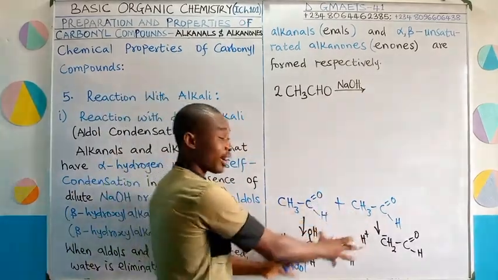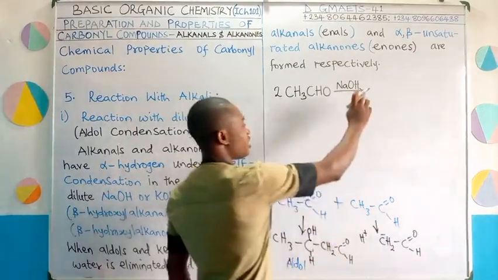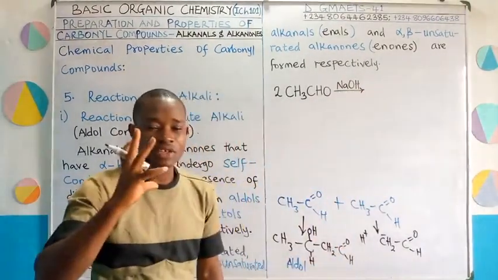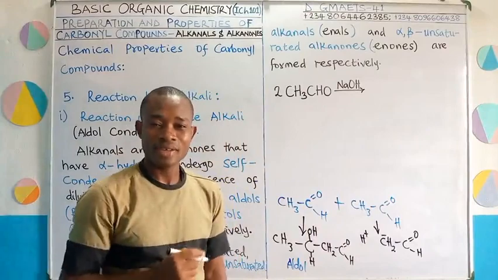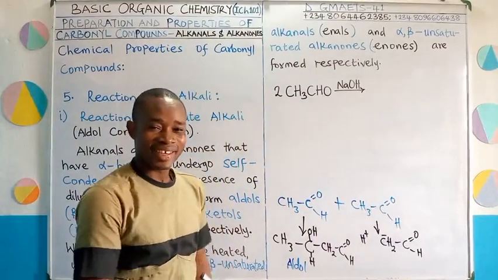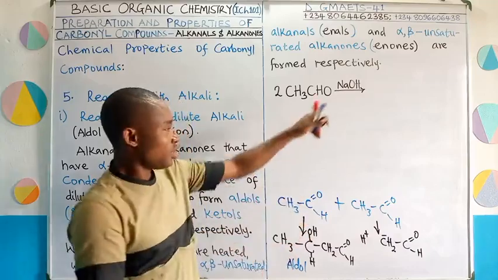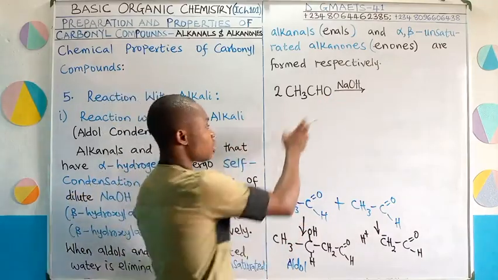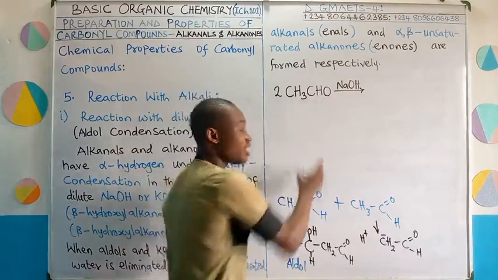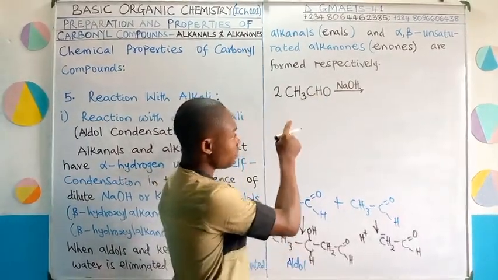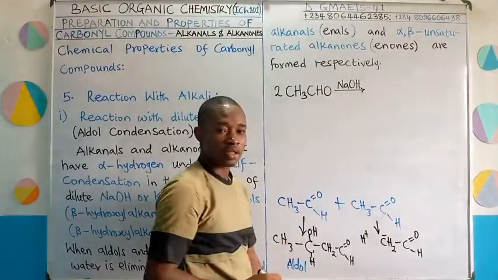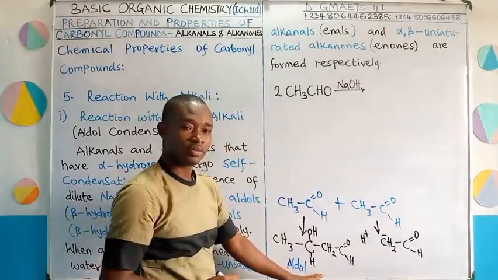I've shown you the clear reaction, what leads to that. If I had written the product here directly, it may not make sense to you clearly. But I think with this mechanism shown to you here, this step-by-step reaction, it helps you to understand how this product forms. So the self-condensation of this ethanal in the presence of this dilute sodium hydroxide is going to give us this compound.